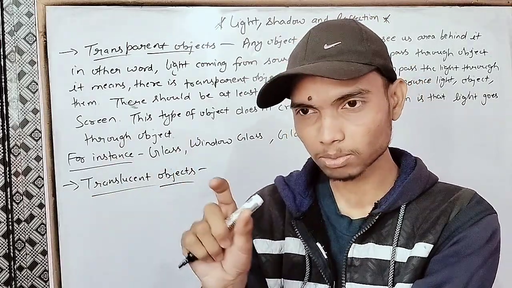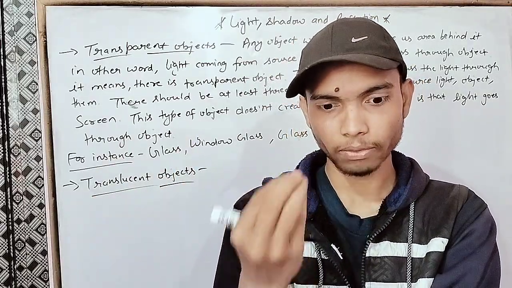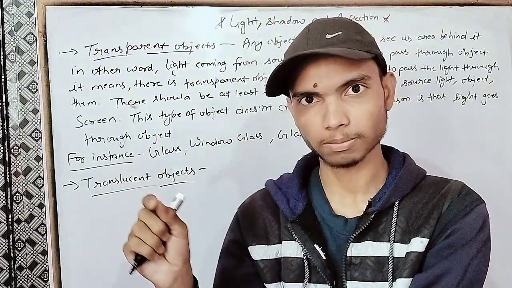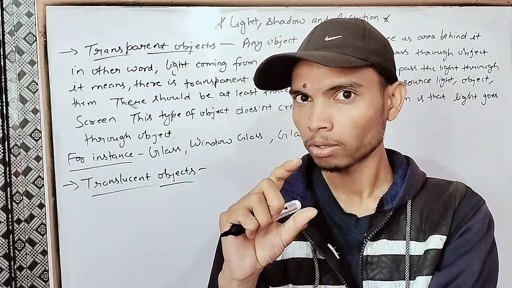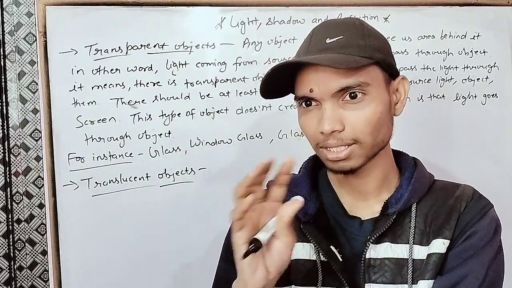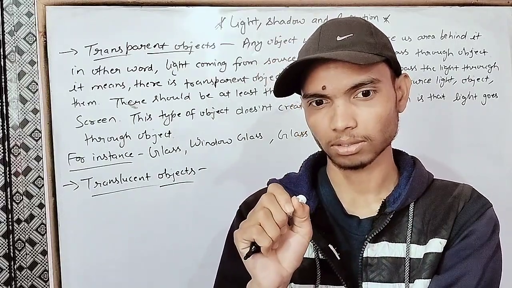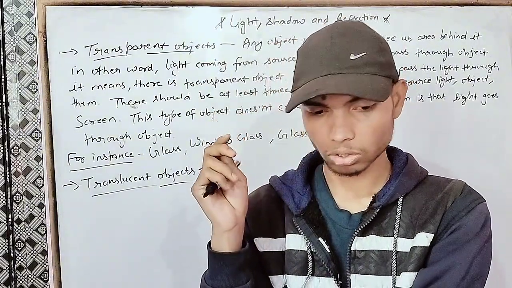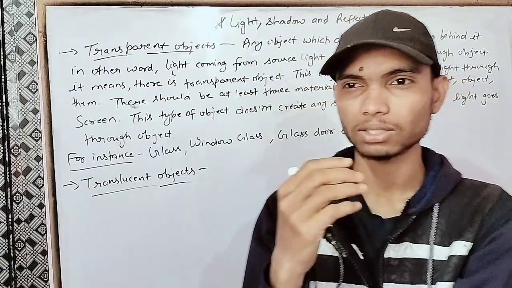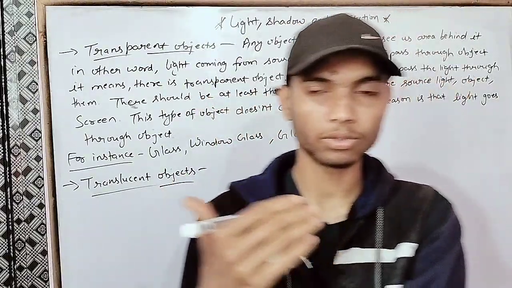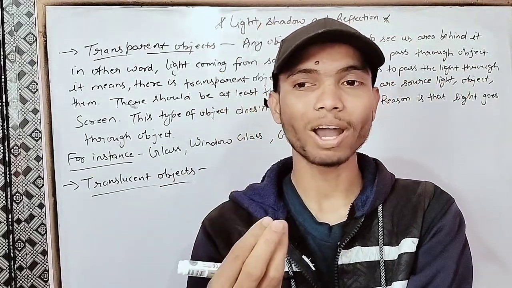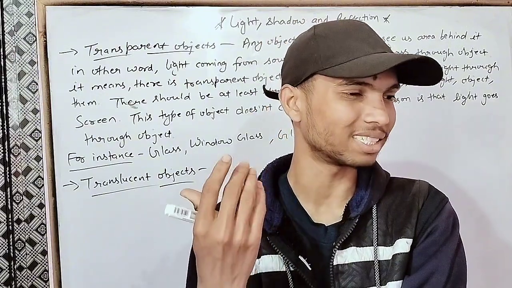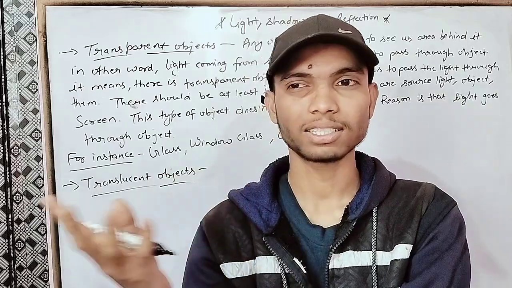So this type of object we introduce, and this is a rare object we see at times. So it is compulsory to know that there are some objects which have a somewhat clear view, whereas another part is not clear.